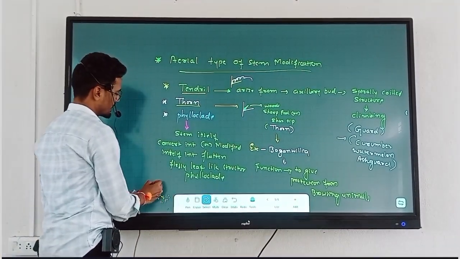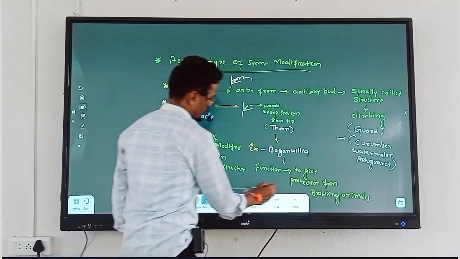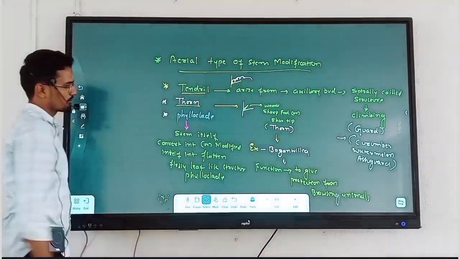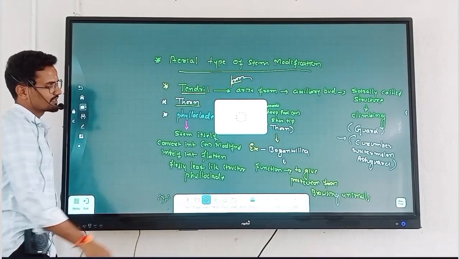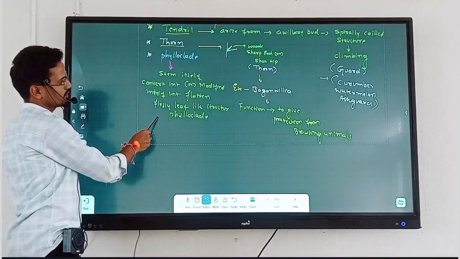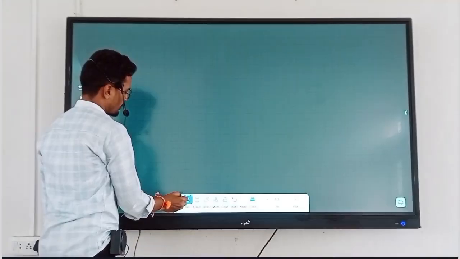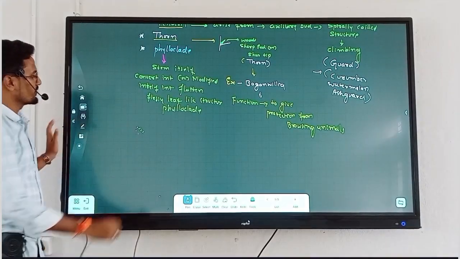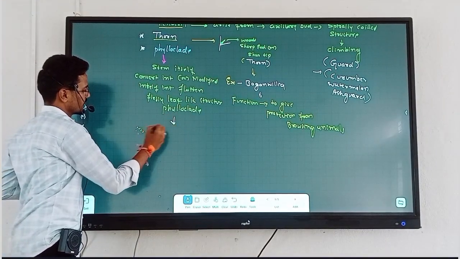For this phylloclad, the examples they have mentioned in your NCERT are Opuntia and Euphorbia.